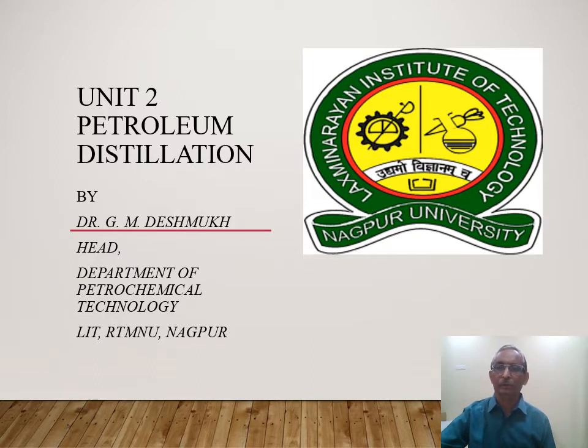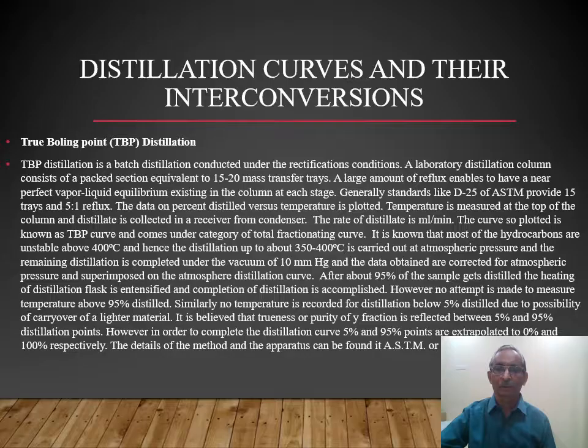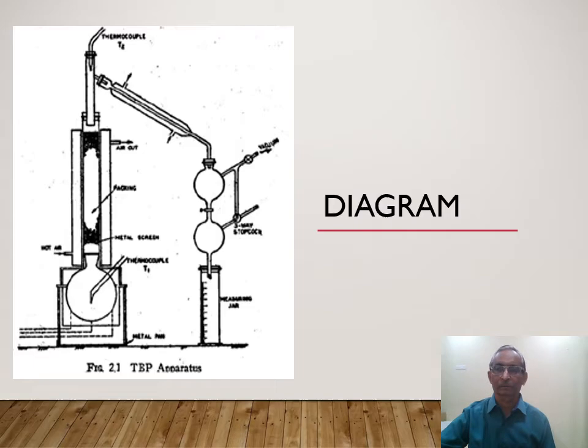First we are going to start with true boiling point distillation. In a petroleum refinery, this is the basic requirement: whatever crude oil we get from the oil wells, we have to characterize it.